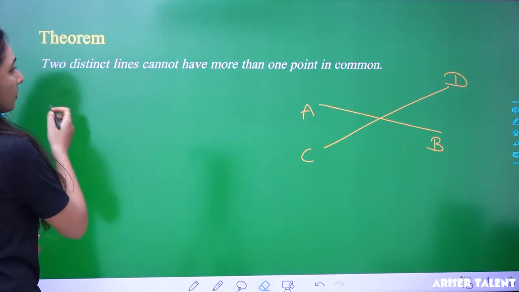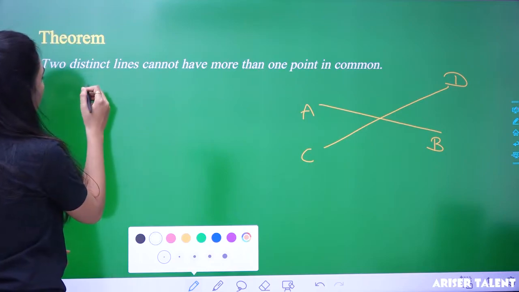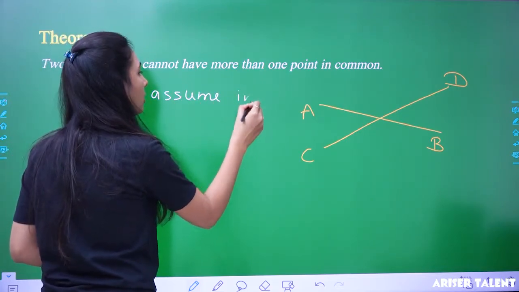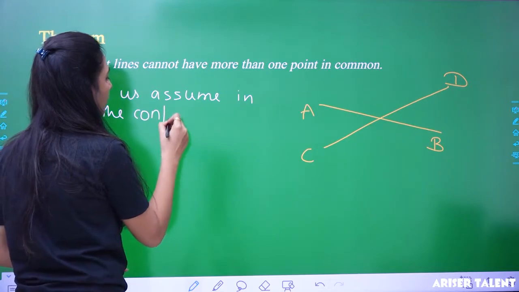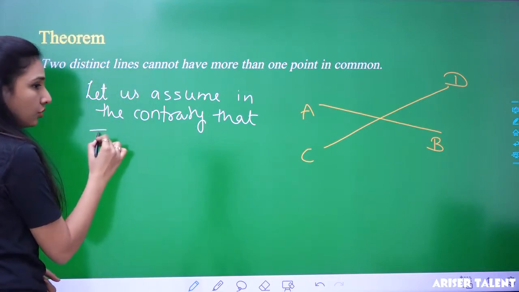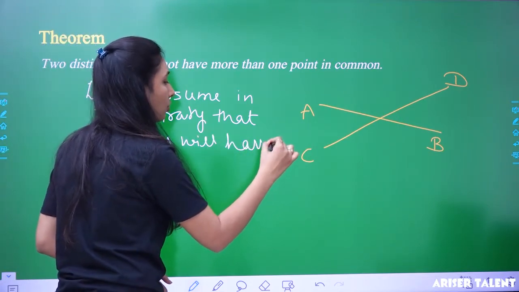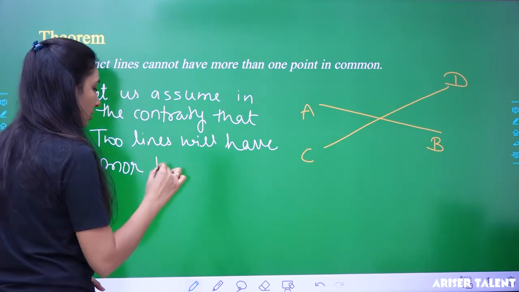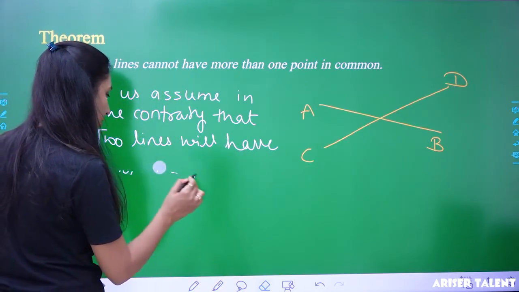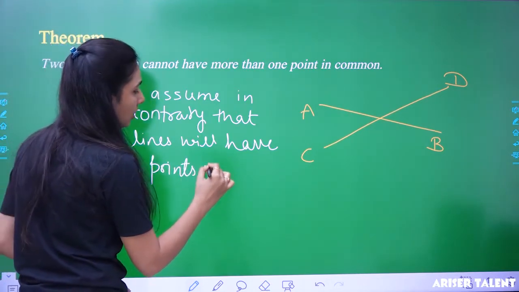Let us assume, on the contrary, that two lines will have more than one point, or let's suppose two points, in common.